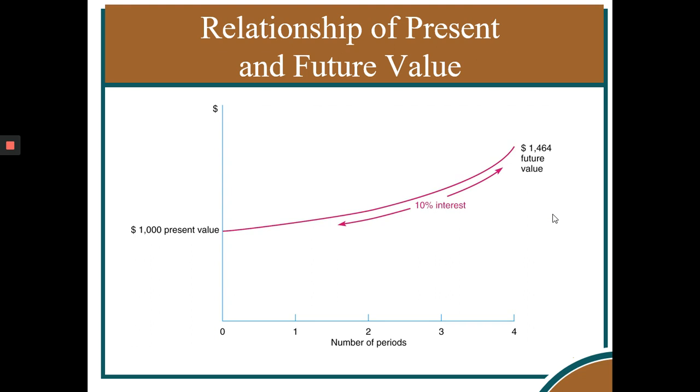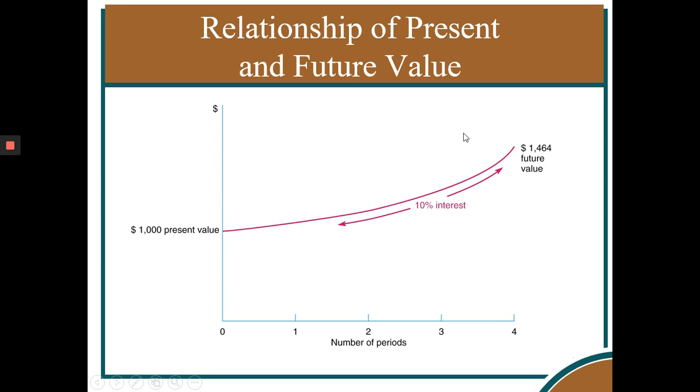Let's look at the relationship between the present value and the future value. Previously you deposited 1,000 and left it for the next 4 years at a 10% interest rate, and you got 1,464. If it works in reverse, where your future value is given along with 4 years and 10%, how much is it worth today? You can just calculate in reverse.